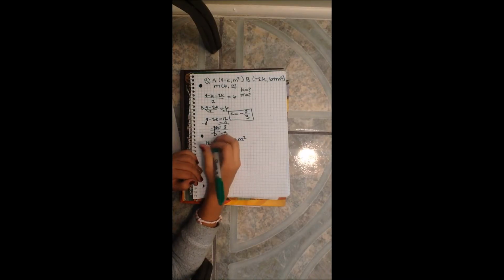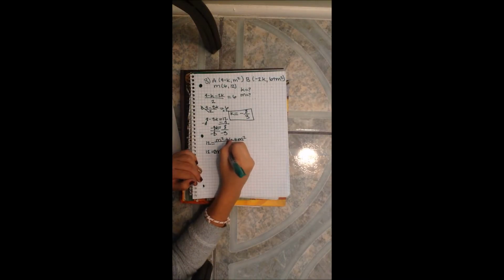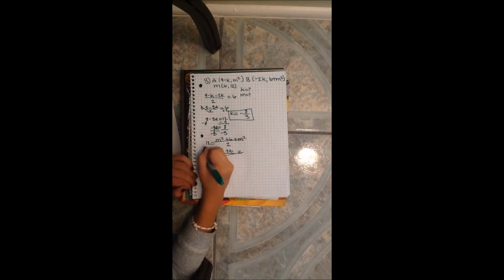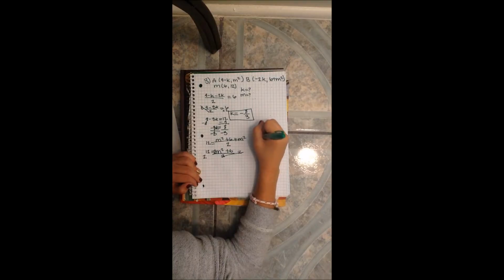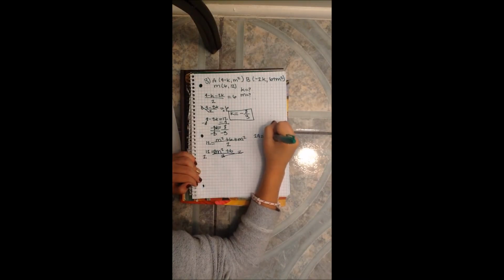If you simplify, it would be 12 equals 2m squared plus 6 over 2. You get rid of your 2 first, so multiply times 2. Multiply the 12 times 2, so you would get 24 equals 2m squared plus 6.